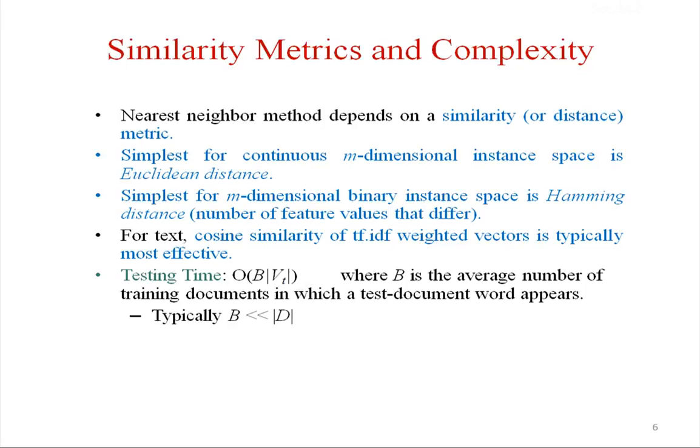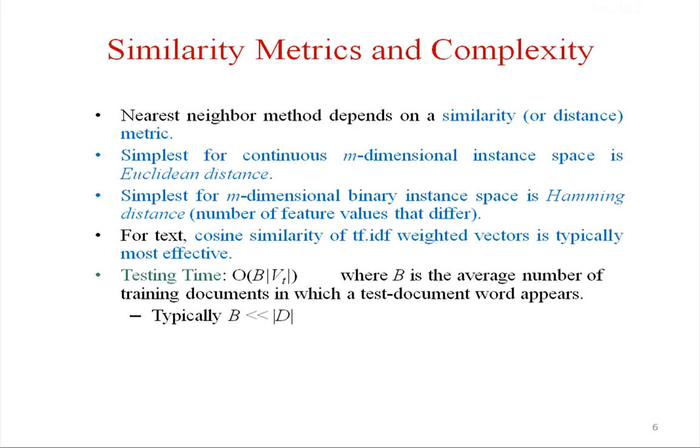Similarity matrices and complexity. Actually, in k nearest neighbor classifiers, we can use multiple types of similarity measures, like Euclidean distance, Hamming distance, cosine similarity. The nearest neighbor method depends upon the similarity or distance metric. Means selection of an appropriate distance measure is also important for the quality of classification with k nearest neighbor algorithms.